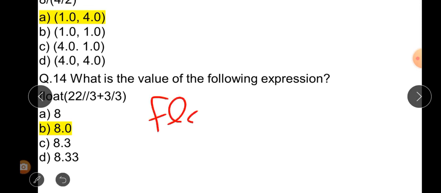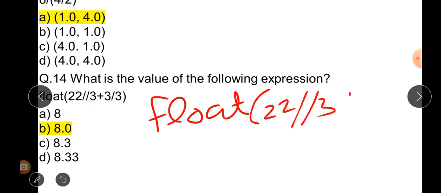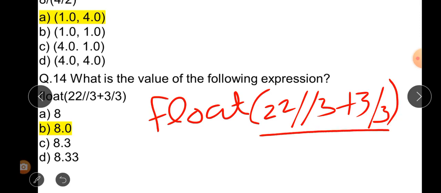So float(22 double slash 3 plus 3 slash 3). First of all, the inner part should be evaluated first, and whatever answer we get is converted to a float value. If we get an integer value, then the answer should be converted to a float value.